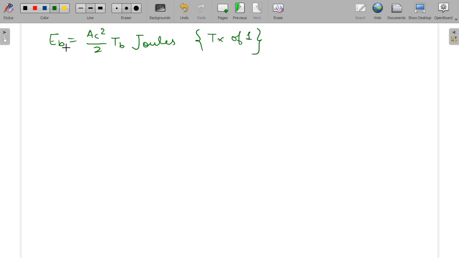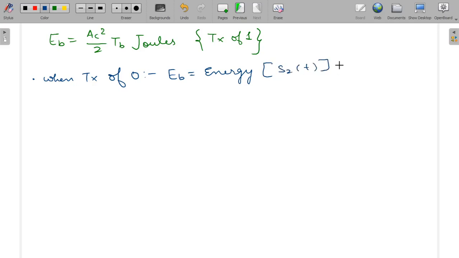Okay. Now when transmission of 0 is done, then our Eb is equal to the energy of S2(t). So that will be equal to 0. How? See, because S2(t) is 0.